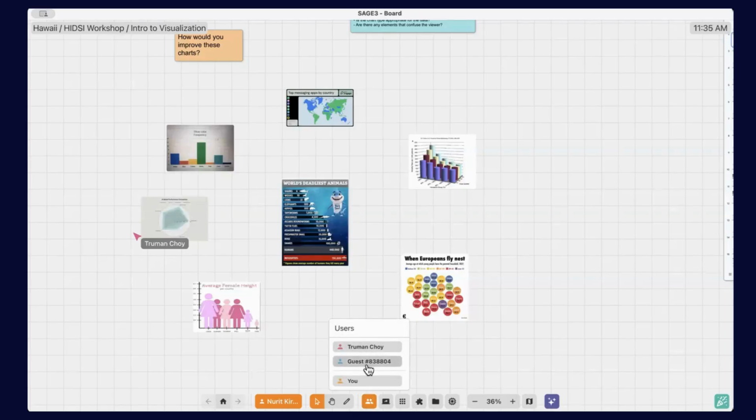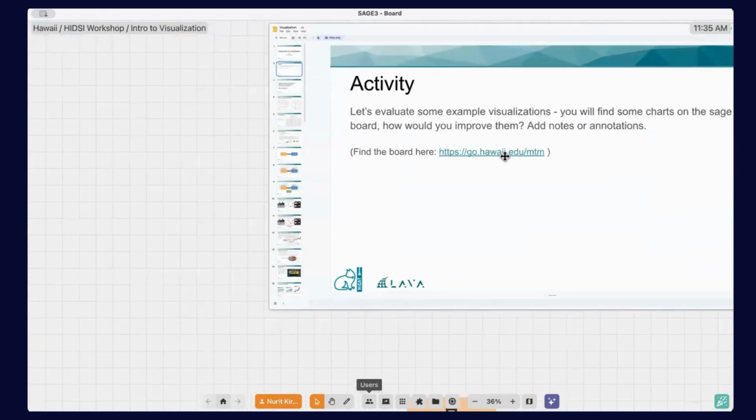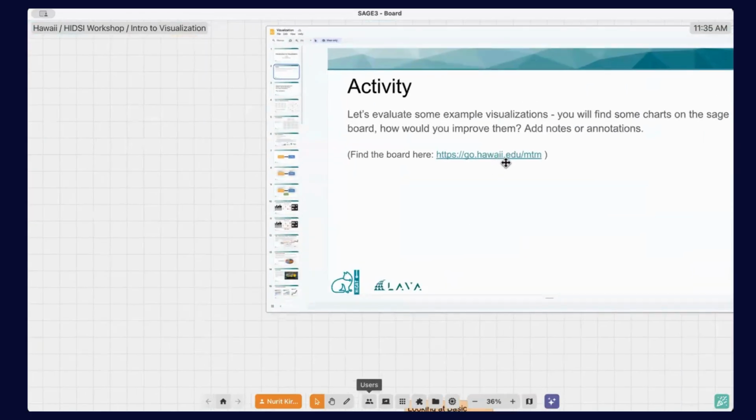Hawaii, okay. Sometimes if you click on this link, you have to click more than once to get into the board. I don't know why.